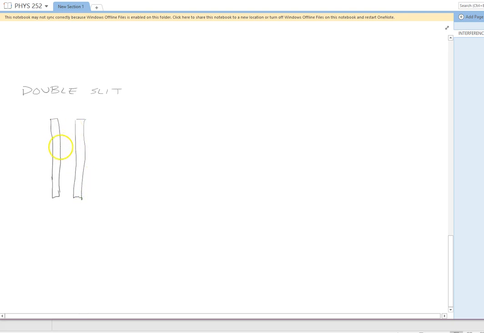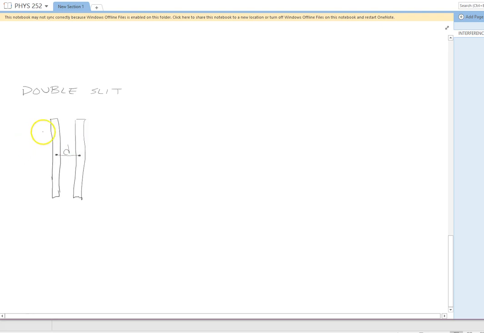We're not so much interested in the width right now of the openings, because we're going to be concentrating on what's called the interference pattern. So what's going to be critical there is the separation of the centers of the slits. That separation distance we're going to call D in the formulas that we'll develop.